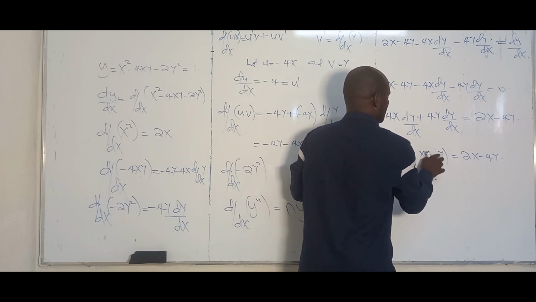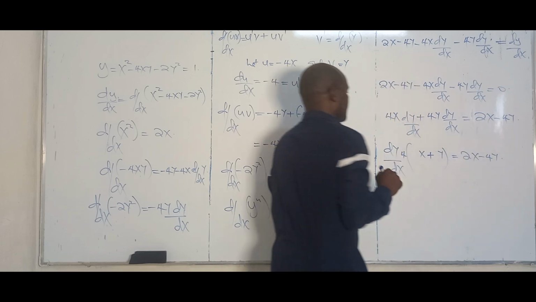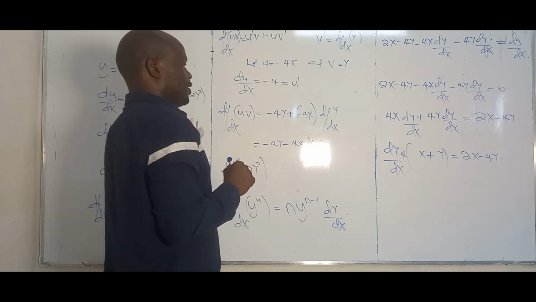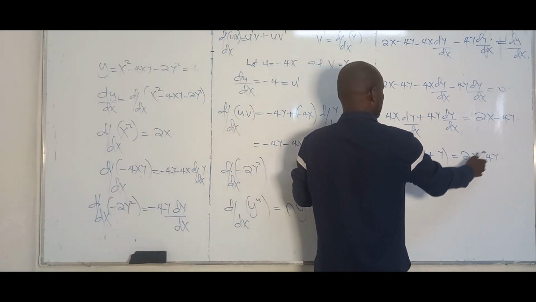Then I just remain with x plus y inside. And if I did that, then I can divide each side by this.